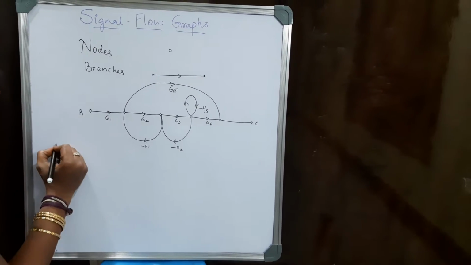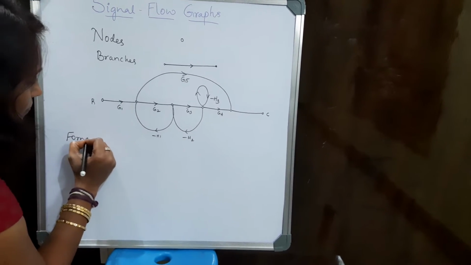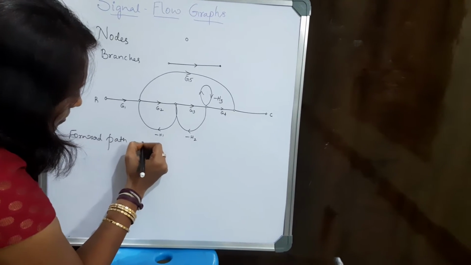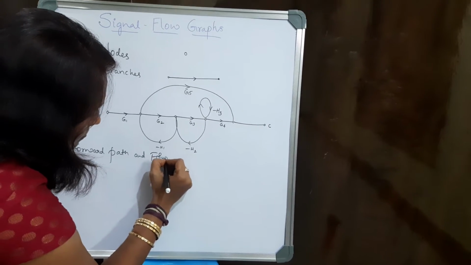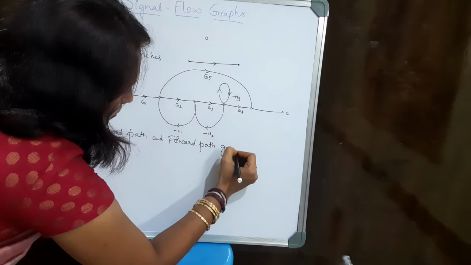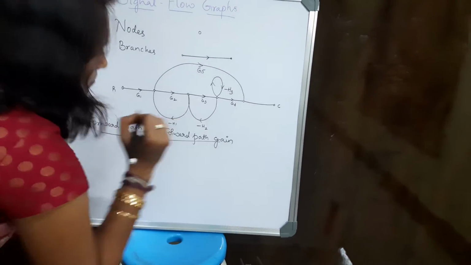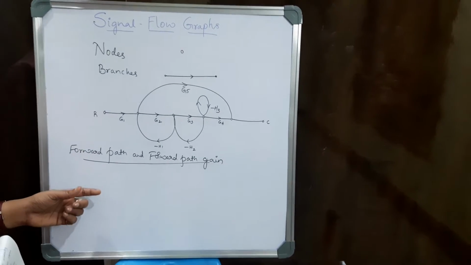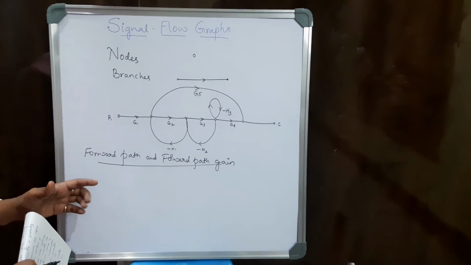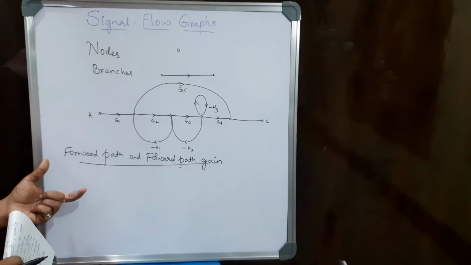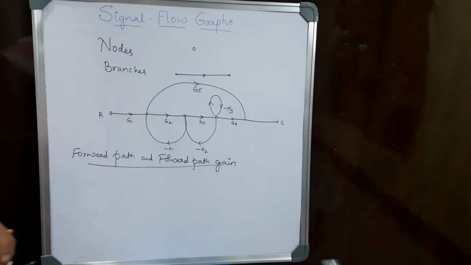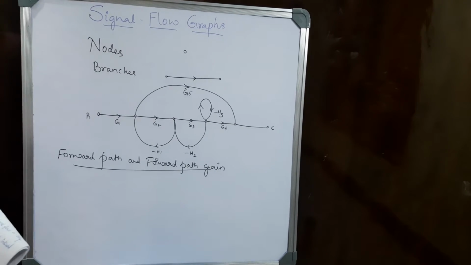The very first one is forward path and forward path gain. Just like we had a set of rules to find the transfer function in the case of block diagrams, here also we need to follow some rules which will help us find the transfer function in the signal flow graph technique.